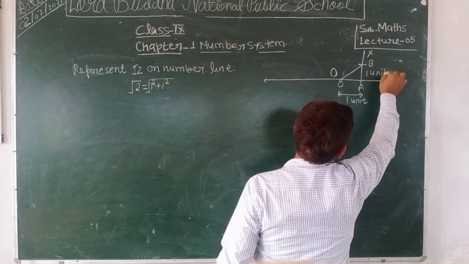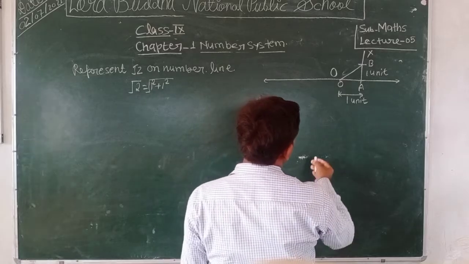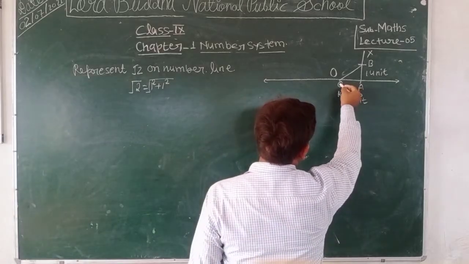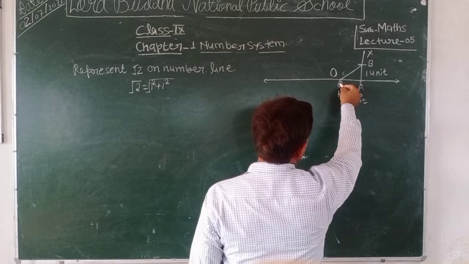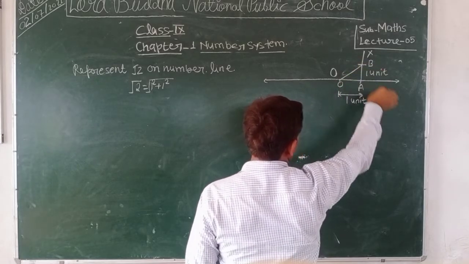Now, we take O as center and OB as the radius.